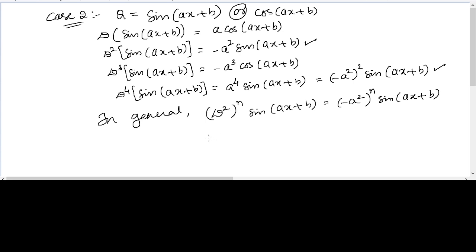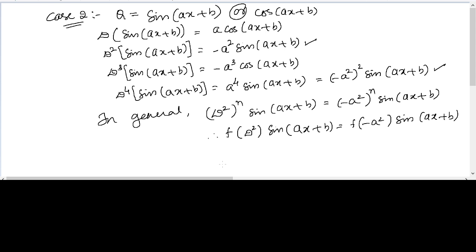So from this we can write f of D square of sine of ax plus b is equal to f of minus a square into sine of ax plus b.